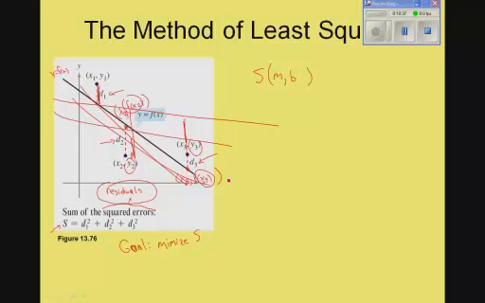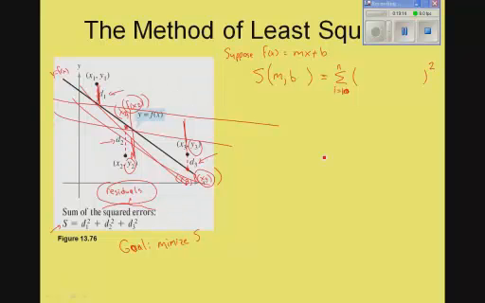All right, so let's show you how this works. Suppose f of x is the function mx plus b. Then S of m comma b will be the sum, i equals 1 to n, of a bunch of things squared.